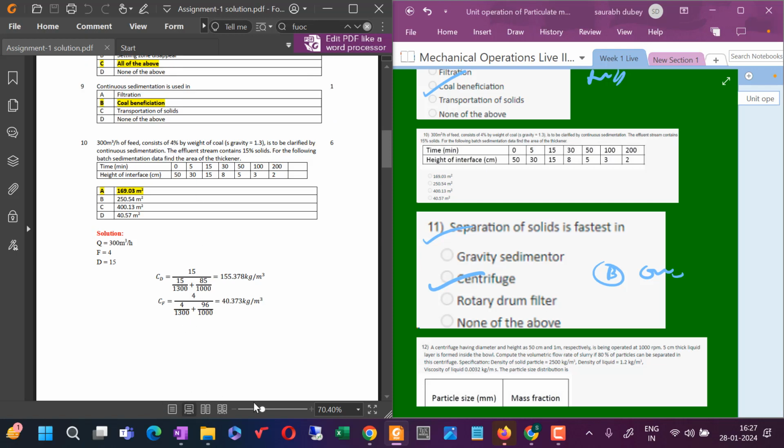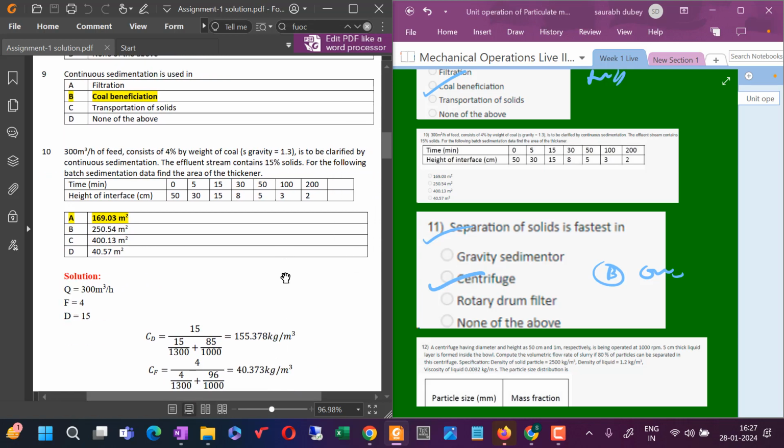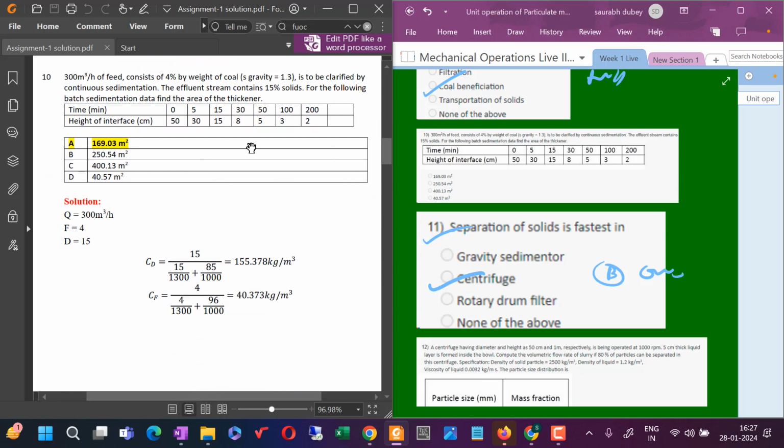So you see, using the formula for the CD: what is CD again? This CD is nothing but the concentration at the base, the concentration at the bottom, and CF is the concentration of the feed, which consists of 4% by weight of coal.